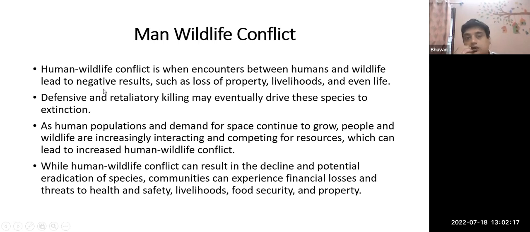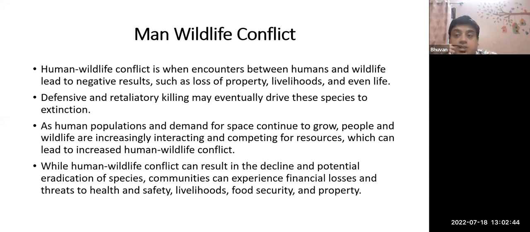Now we will learn about man-wildlife conflict. Man-wildlife conflict is increasing, and the major share of this conflict goes to human activities. As we are marching towards the natural habitat of the wild animals, there is increased encounter between the humans and the wildlife, resulting in loss on both sides.